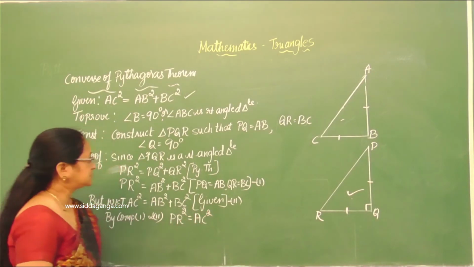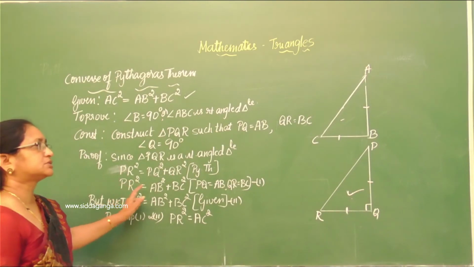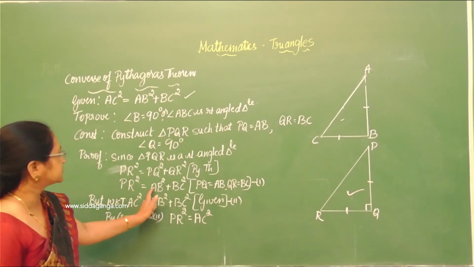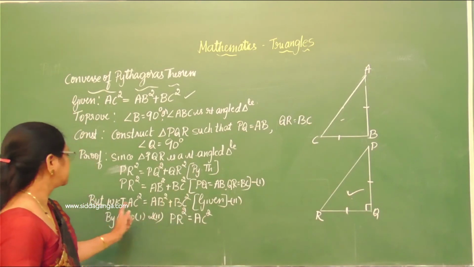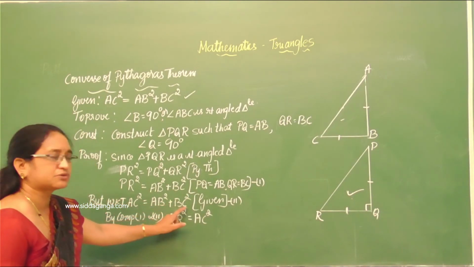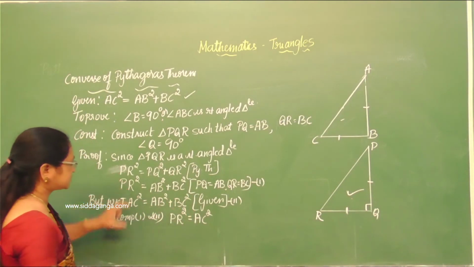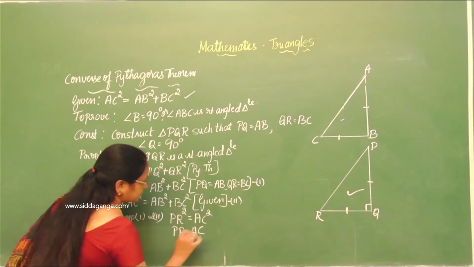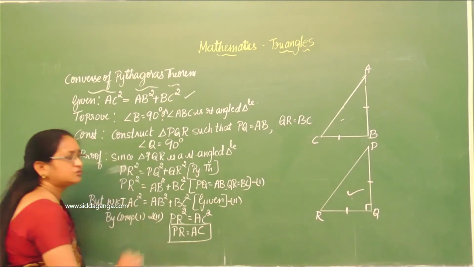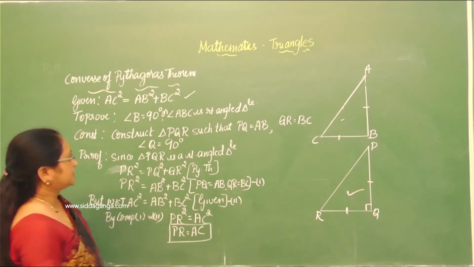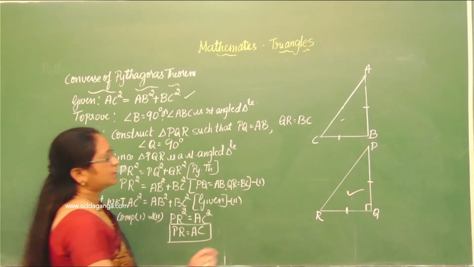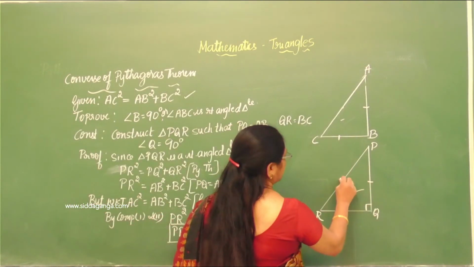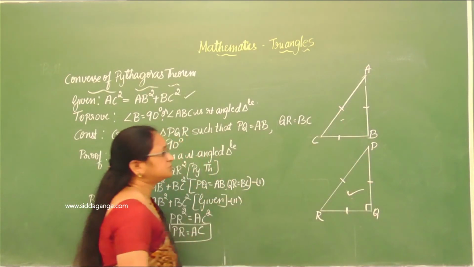Do you agree? Because PR square is equal to AB square plus BC square, and in the same way AC square is equal to AB square plus BC square. So now these two are equal. So PR is equal to AC. Now we got this. PR is equal to AC.